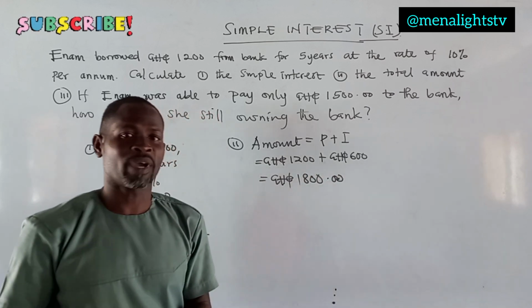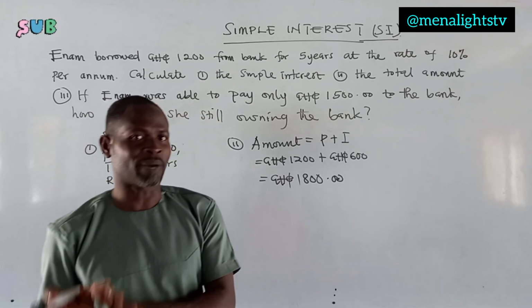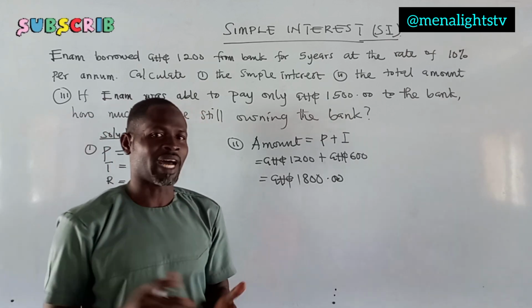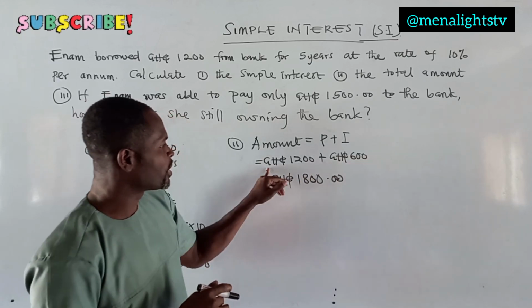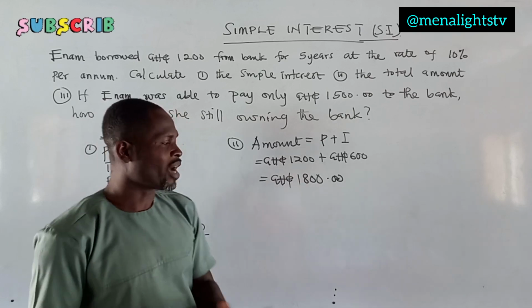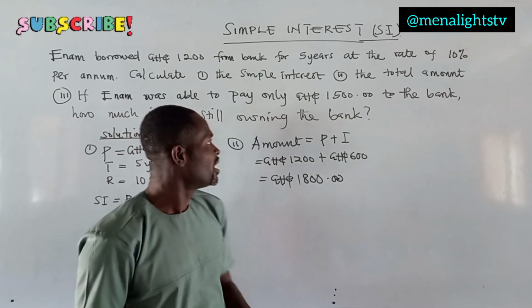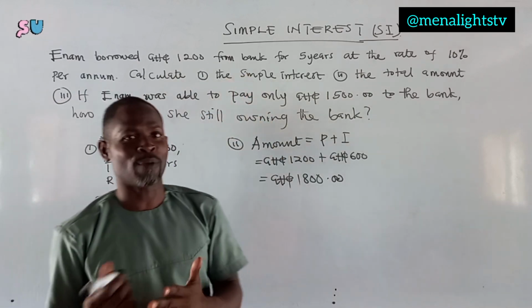So if she wants to pay the bank, she has to pay the principal, the amount that she borrowed, in addition to the interest. The interest is 600 and the principal is 1,200. So in all, how much is she going to pay? 1,800.